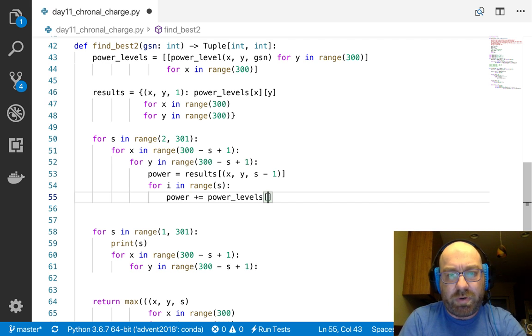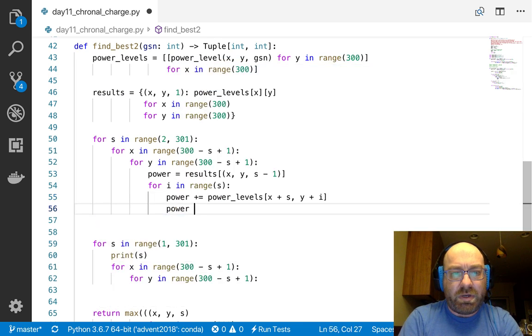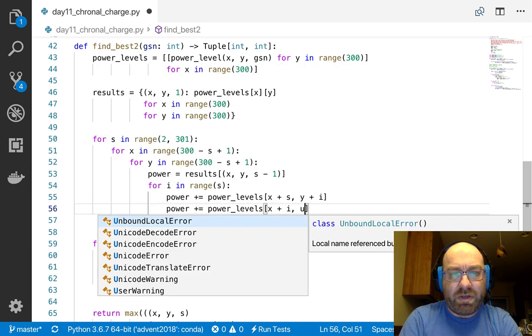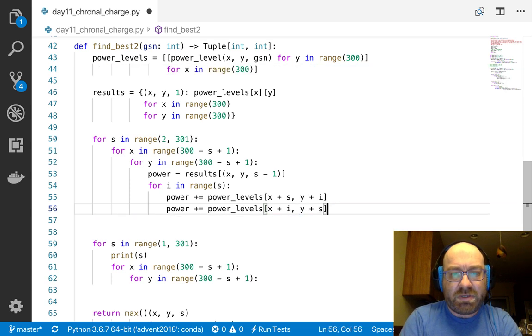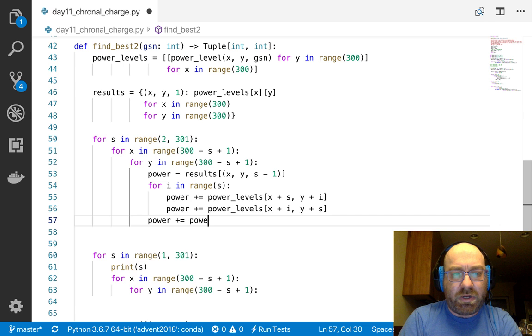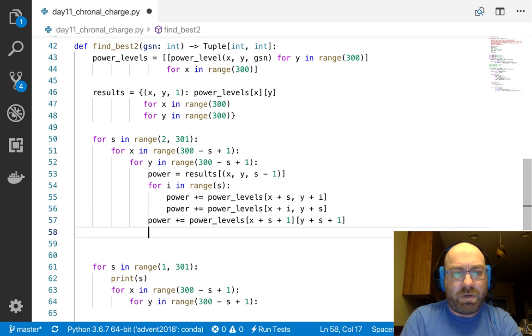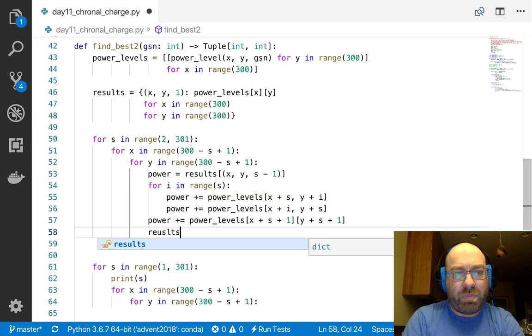So what do I want to do? I want to do x plus s, y plus i, and then power plus equals power levels x plus i, y plus s, and then power plus equals outside of this power levels, and we'll see if this is good enough or not, x plus s plus 1, y plus s plus 1, and results x, y, s equals power.